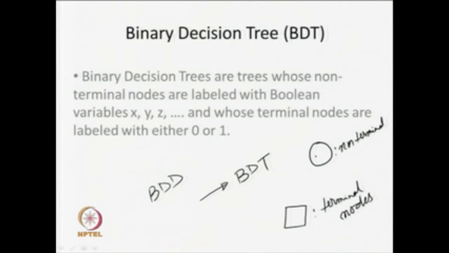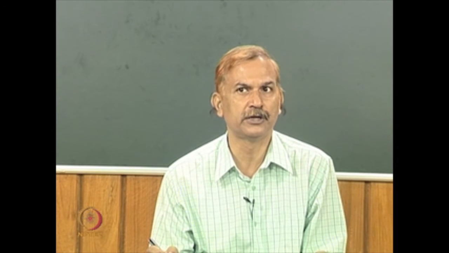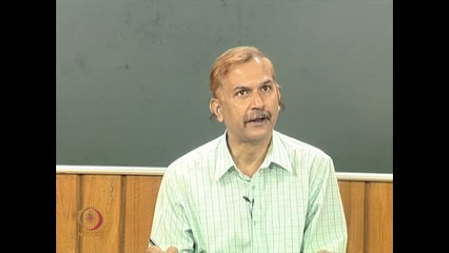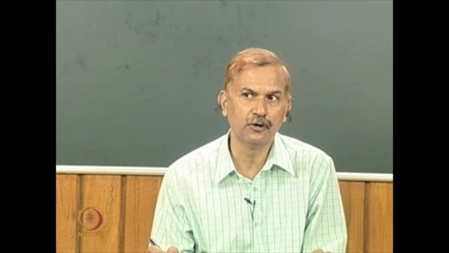Say if x is a variable, I will label this non-terminal node with x. And if it is a terminal node, the Boolean functional value will be either 0 or 1. If I write 1 over here, it says that the value of this particular terminal node is 1. So, we are going to draw a tree. In that tree, we are having terminal nodes and non-terminal nodes. The labels of non-terminal nodes are the variables of the function, and the labels of terminal nodes are Boolean constants, either 0 or 1, which will be the functional value of the given function.